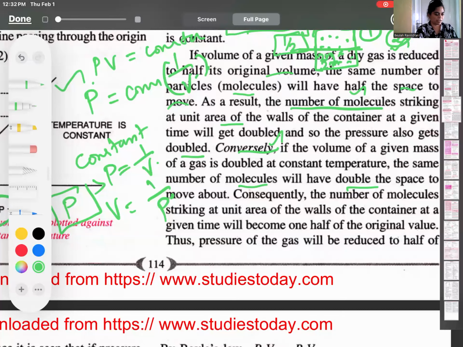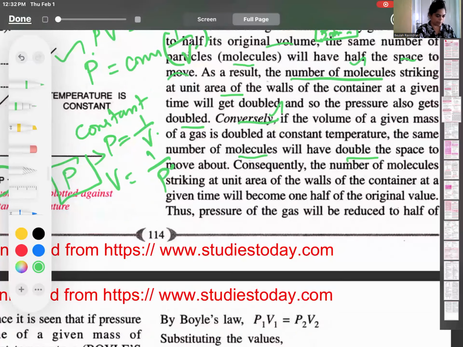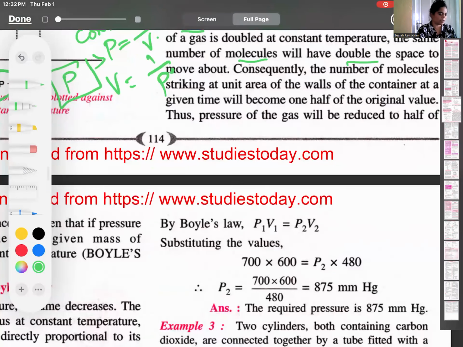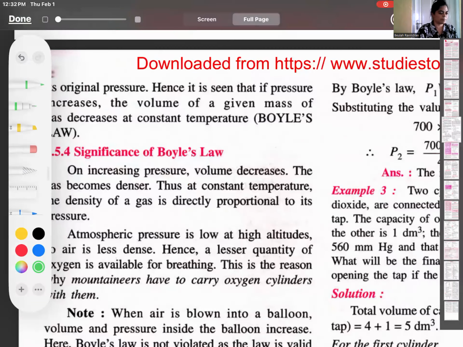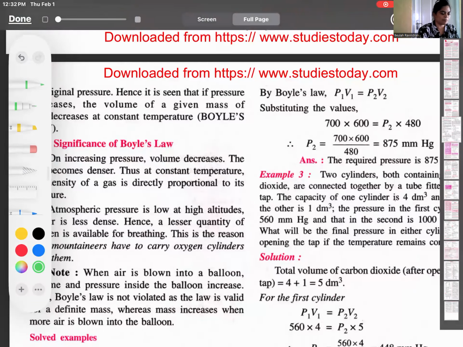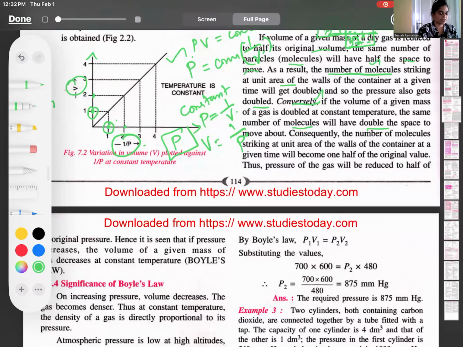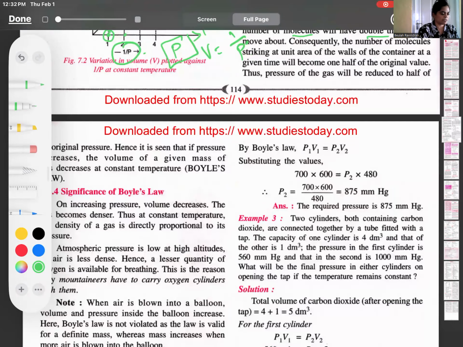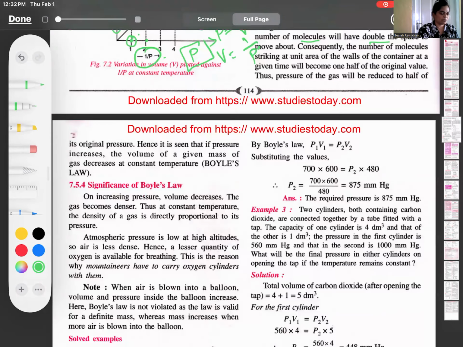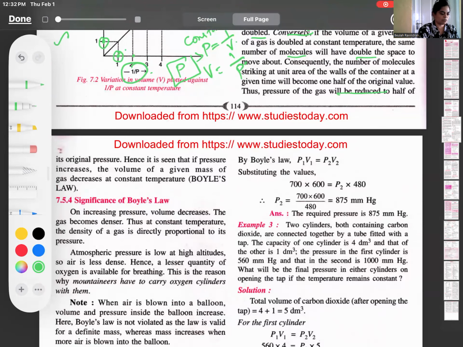So this point you should keep in your mind. The pressure also will be reduced to half of its original pressure. This theoretical point of view you should keep in your mind. You will definitely be asked questions from this. Hence it is seen that the pressure will be reduced to half of its original pressure.